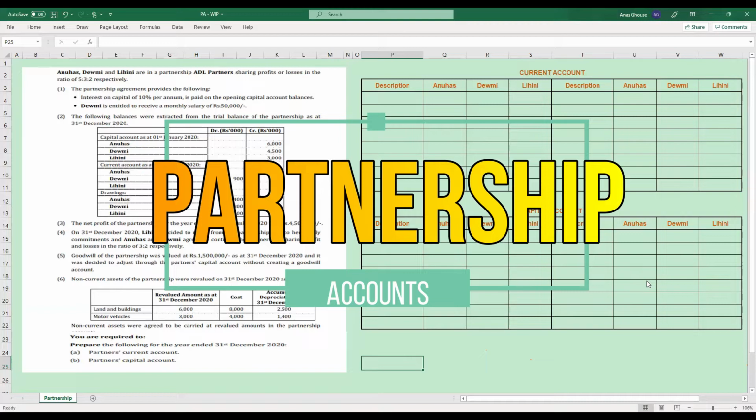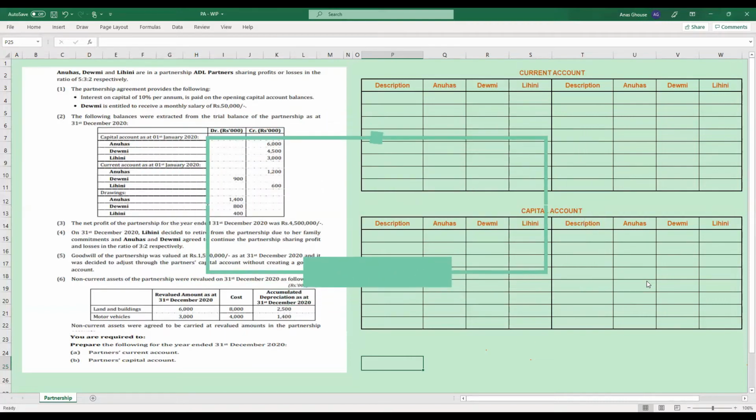Okay, so I'm not going to discuss the theory part. I'll just briefly explain the steps that you need to follow in dealing with partnership accounts. Basically, a partnership means there will be more than one owner. They are known as partners.